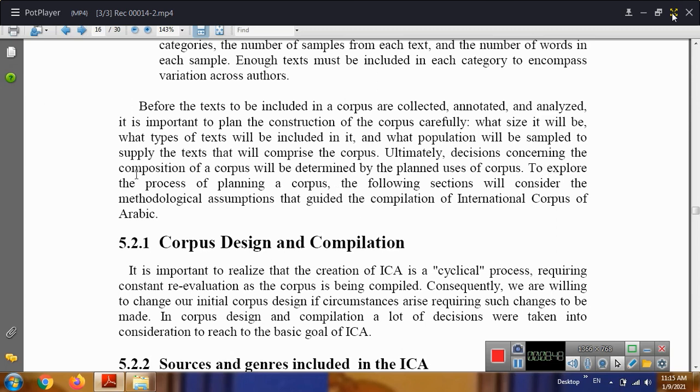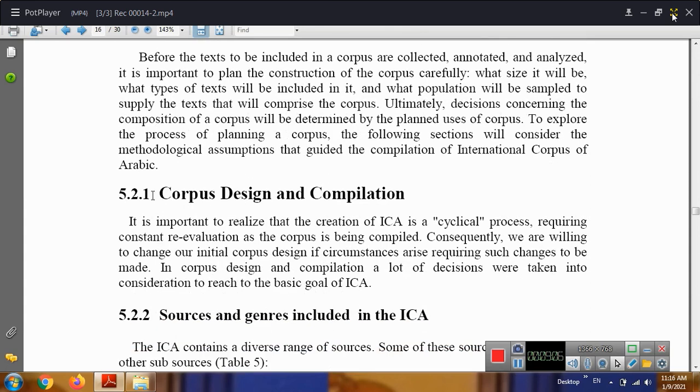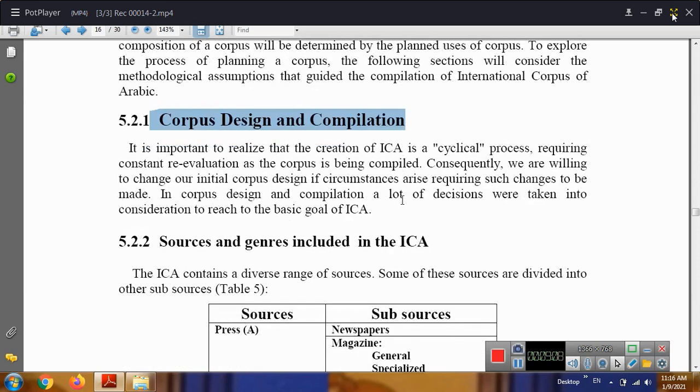Ultimately, decisions concerning the composition of a corpus will be determined by the planned uses of the corpus. To explore the process of planning a corpus, the following section will consider the methodological assumptions that guided the compilation of the International Corpus of Arabic, corpus design and compilation.